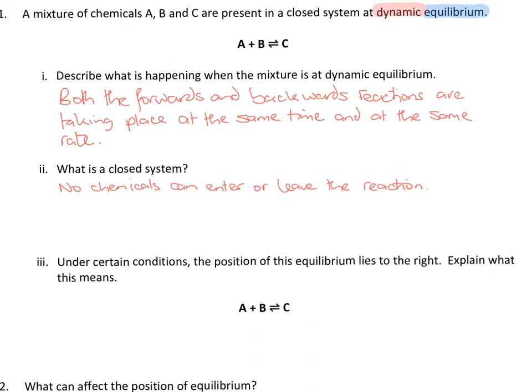You'll often hear talk about the position of equilibrium, whether it lies somewhere to the left or somewhere to the right or somewhere in the middle. And what that's saying is that when the system appears to be unchanging, that's the equilibrium bit, do we find that if we were to look inside that closed container, we would find much more of A and B in this instance?